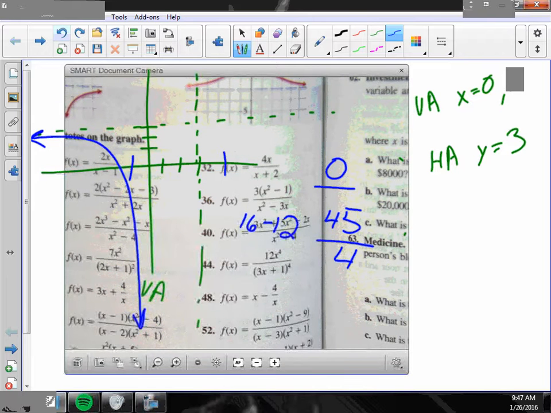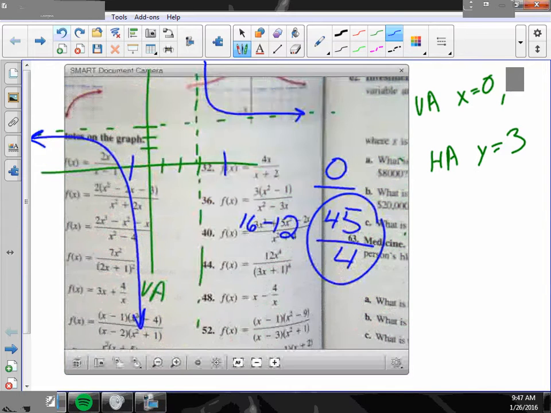And all I care about is that 45 over 4 compares to, it's above y equals 3. I don't care how far above it is, but this number is above the HA, so the graph is going to look like this. So what do you think the middle is going to look like?